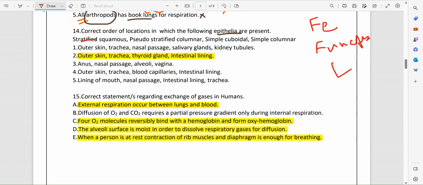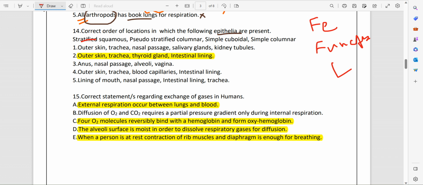So I will teach you how to approach this question. So the best way would be, if you remember the nasal cavity or nasal passage, that repeats again in gaseous exchange. So this is present in animal tissues.